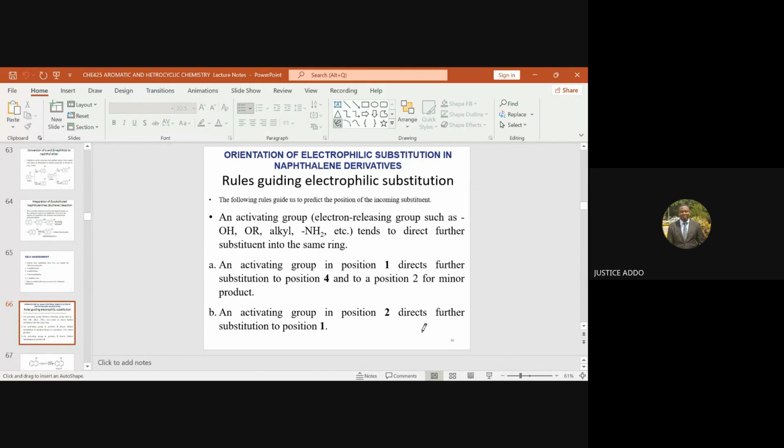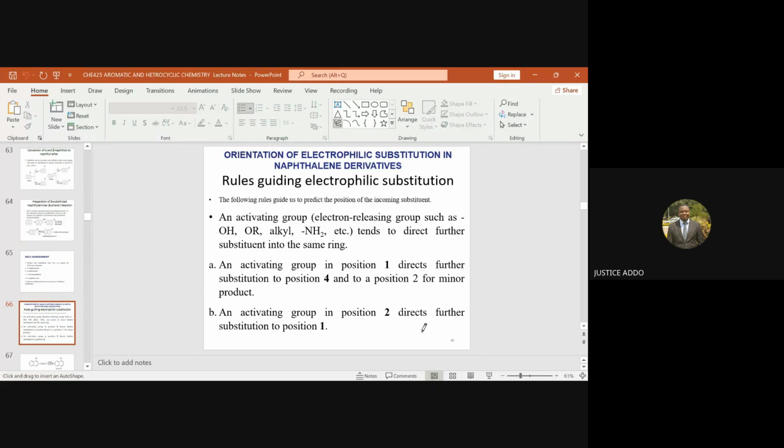So here too, we have the ring activating groups, that's the electron releasing groups, such as OH, OR, OCOR, and the amino group. For these ones, they will tend to direct the incoming group to the same ring. Remember, naphthalene has 2 rings. So if the group is on one of the rings, then its influence is that it will direct the incoming group to the same ring where it is located.